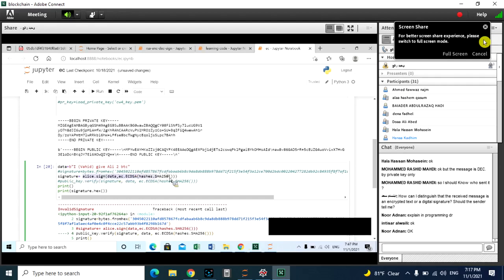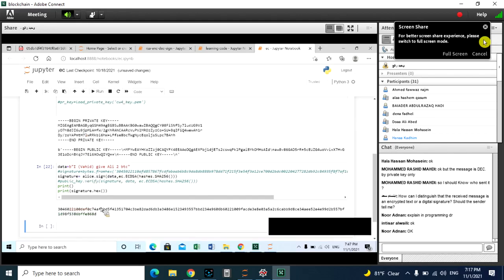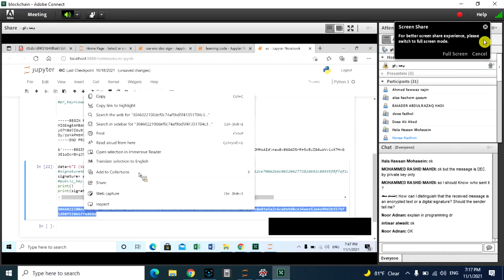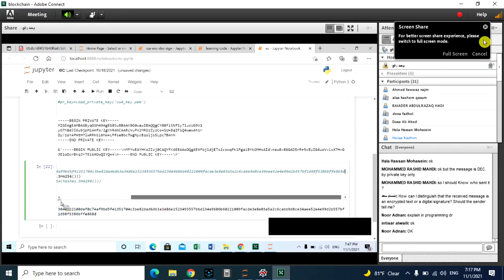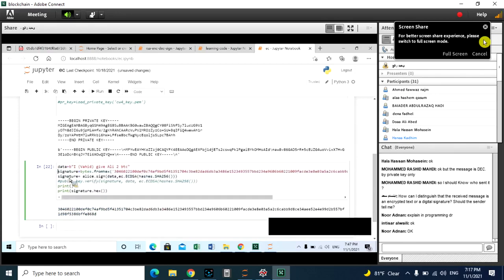This command generates the digital signature. In fact, it encrypts this data using Alice's private key. So I print the signature. This is the digital signature. Now I copy the digital signature, I put it here, and this time I verify it. I don't want to create it again. How to verify it? Using the public key.